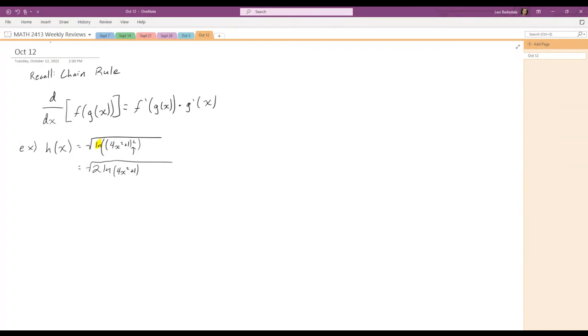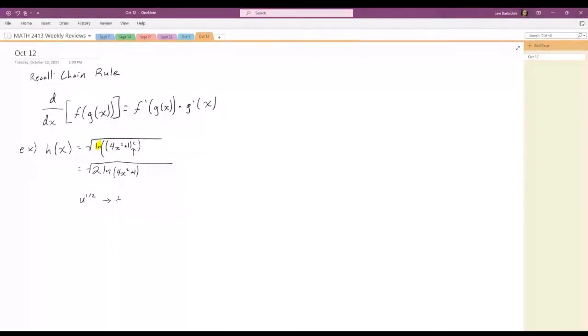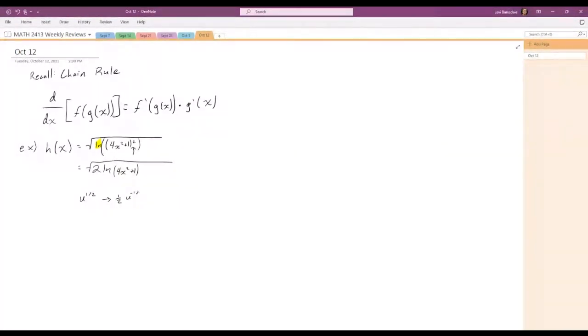All right. So now I'm ready to start taking the derivative. I always want to work my way from the outside in. My outermost function is that square root. So if I'm taking the derivative of square root, I can think of that as something to the 1/2. Its derivative is 1/2 times u to the minus 1/2 times the derivative of the inside.